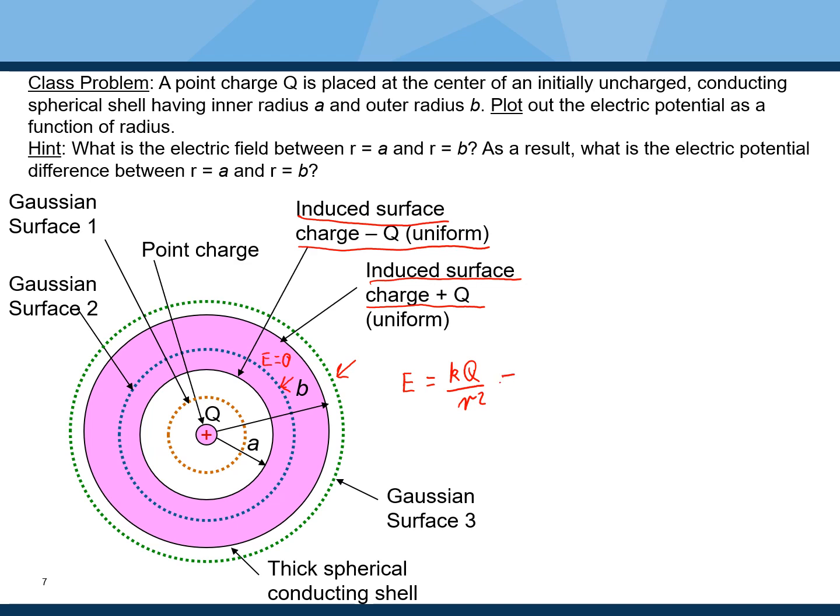And therefore, the only potential that we can have in the exterior region is given by V equals kq over r. In other words, this potential is the only potential that is consistent with going to 0 at r equals infinity.